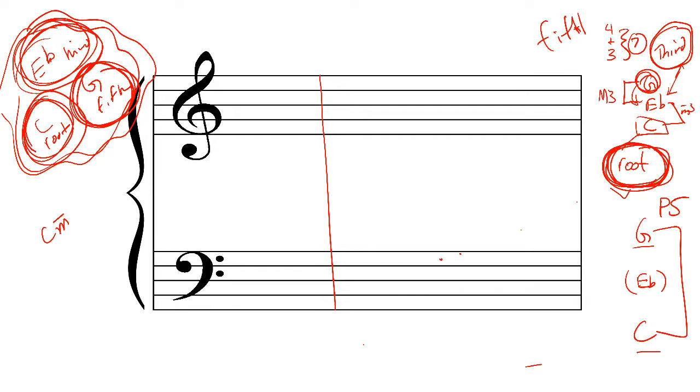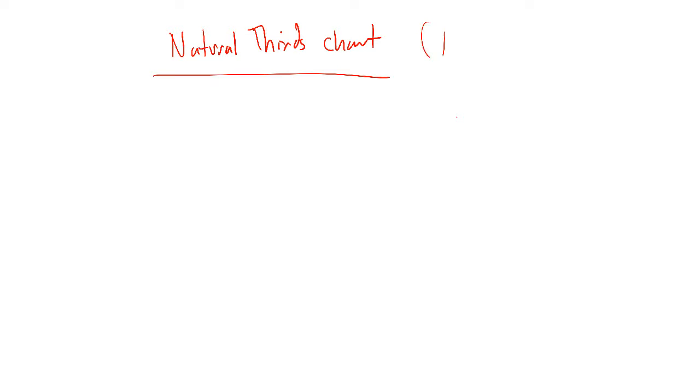Otherwise, I'll give you a few more ideas about what's going to be on the final so that you can get yourself mentally prepared. So you'll have the natural thirds chart, where you have to lay out all of the natural thirds, both major and minor, and work with those chromatic semitones, either raising or lowering them to work with that quality.